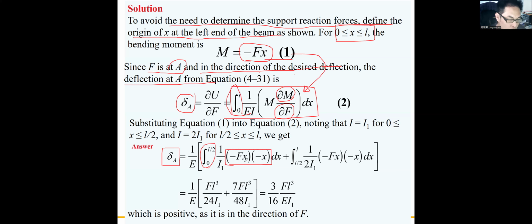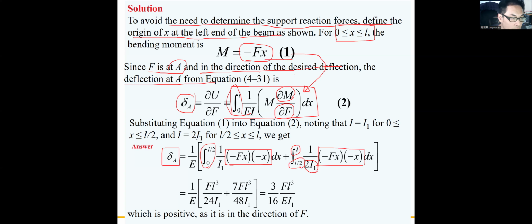For the second section, it's from half of L to L, and the moment of inertia becomes 2I1, and this is the derivative of the moment.